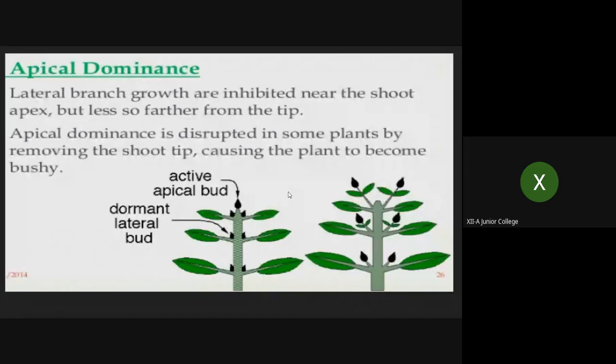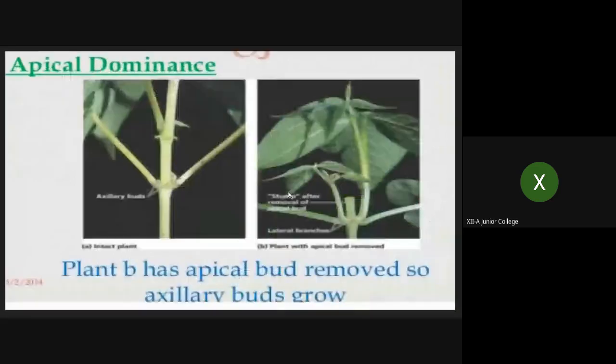Okay. So you can see in this diagram also, this is the apical bud, and these are the axils. When this apical region is removed, automatically these axillary buds will grow, and these lateral branches will show proper growth.